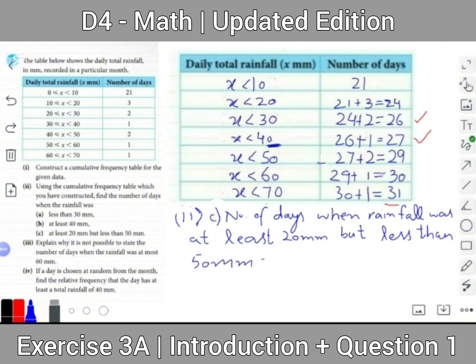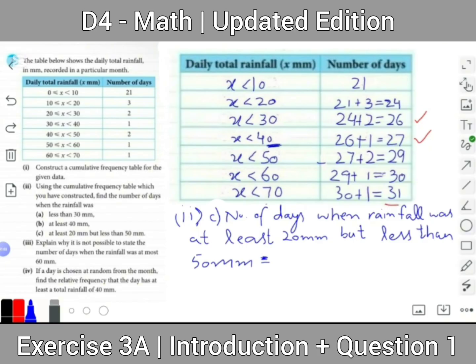So for this, we have to identify the values from the table for the daily total rainfall when x is less than 20 and when x is less than 50.